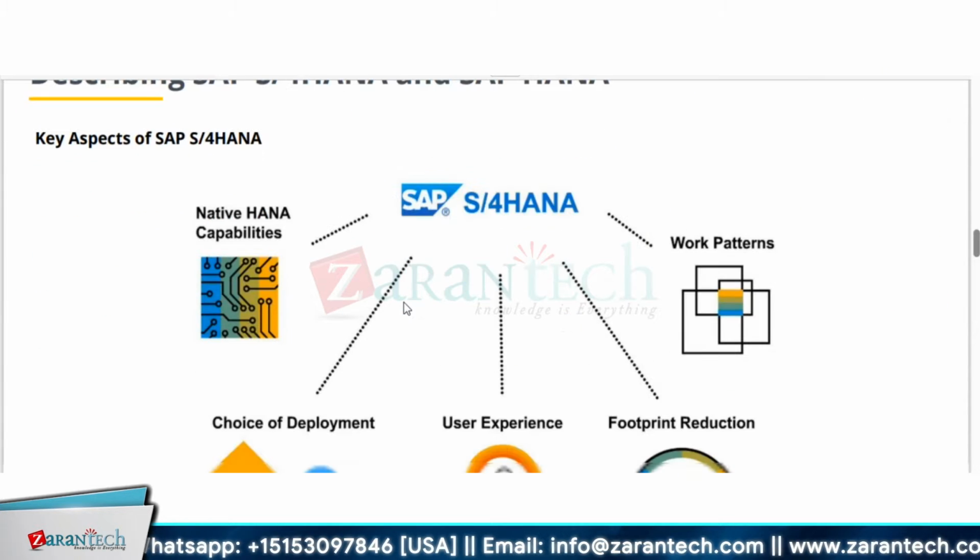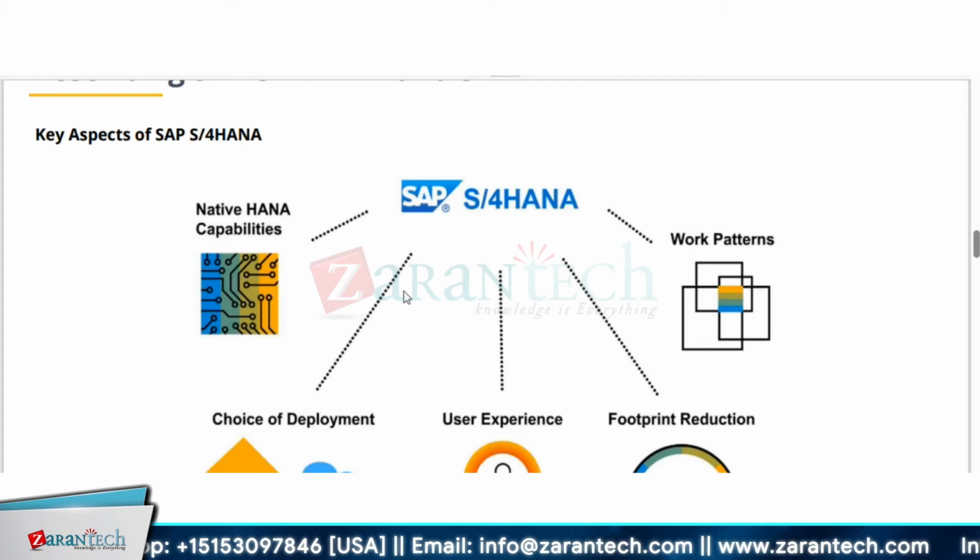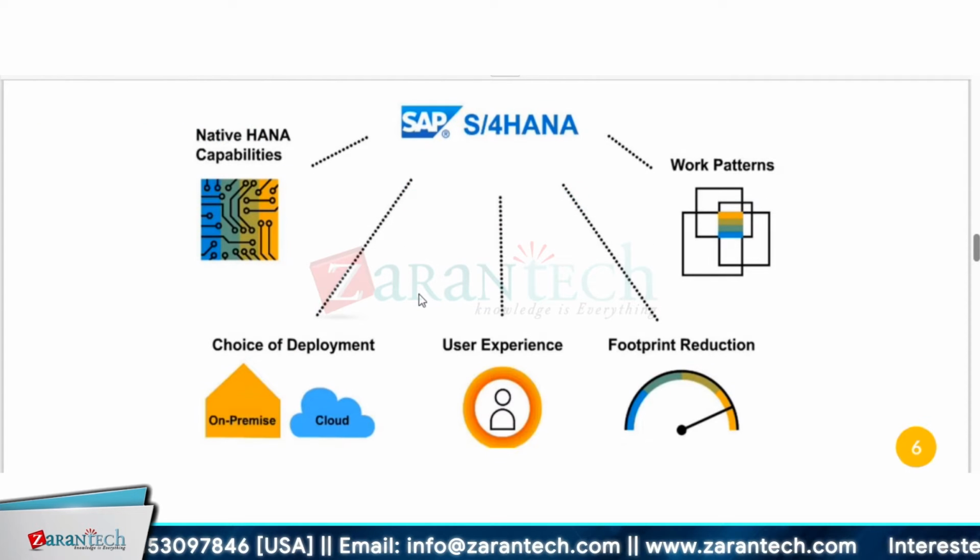Now, key aspects of S/4HANA: with S/4HANA, we have built in various key aspects, which are the HANA capabilities and a choice of deployment between on-premise and cloud. SAP S/4HANA provides us a choice of deployment on-premise or on cloud, and we were further able to choose a hybrid model.